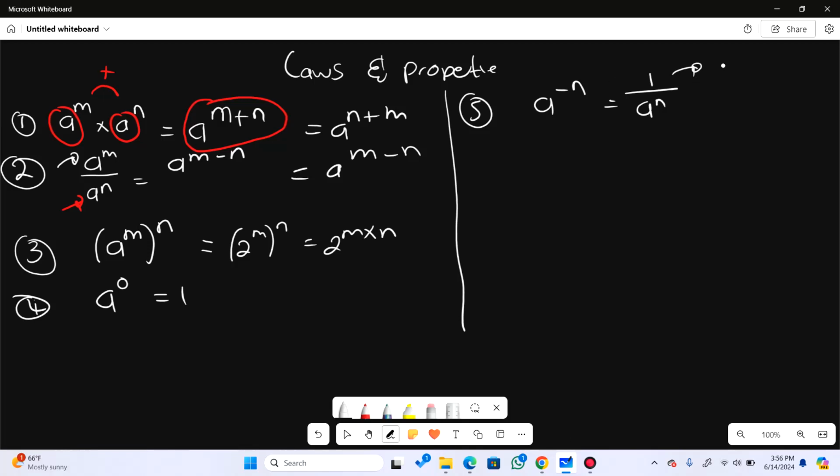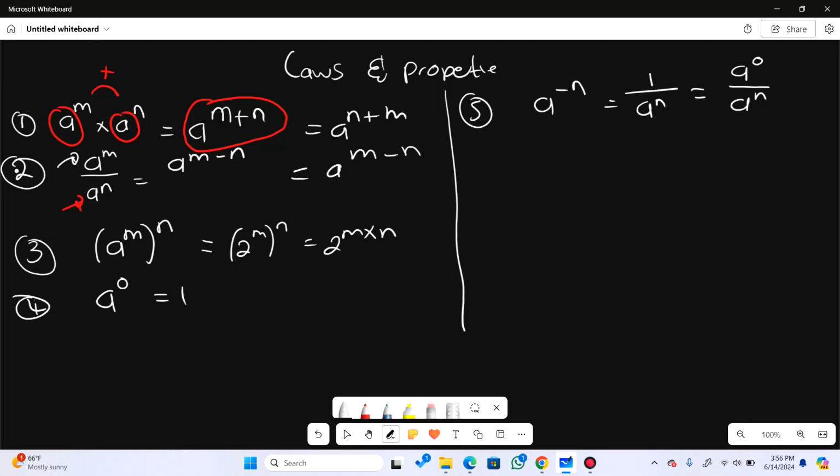Then we have a raised to the power 0 divided by a raised to the power n. Please take note, these two are equal, because we just said that a^0 is 1.